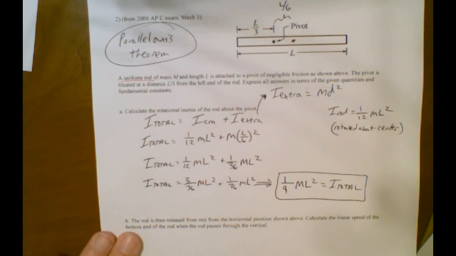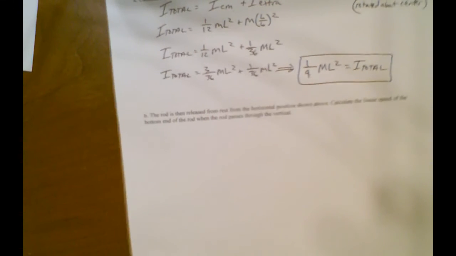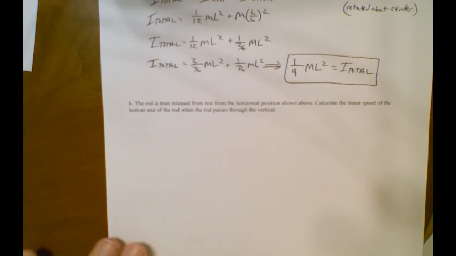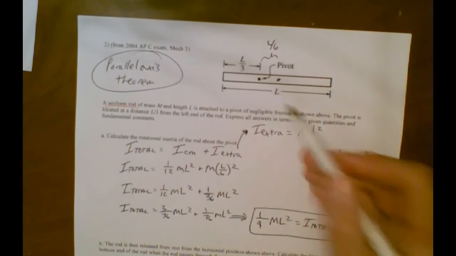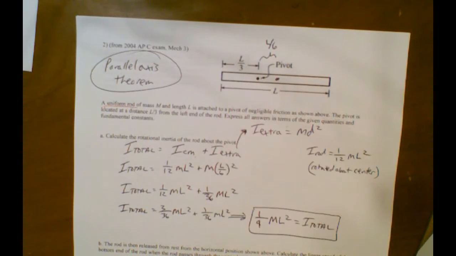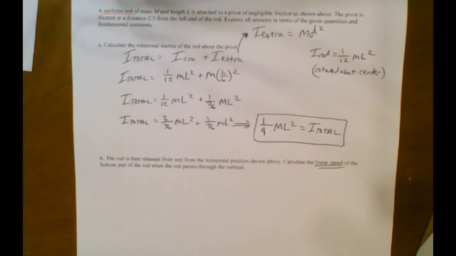Okay. So that's an example of the parallel axis theorem. I added this other, or left this other part in. So it says assume that the rod is released from rest, position up here. So that's where it's pivoting about. And calculate the linear speed of the bottom end of the rod.